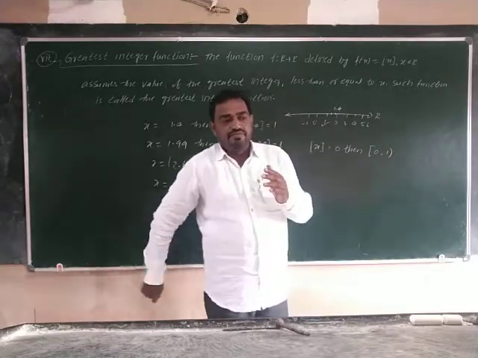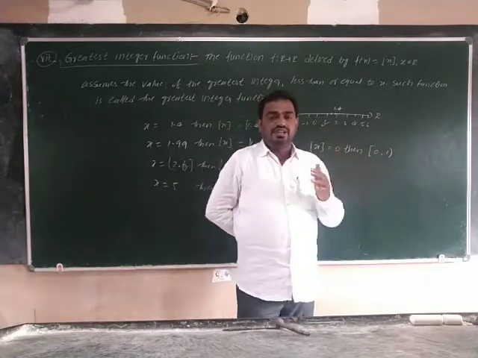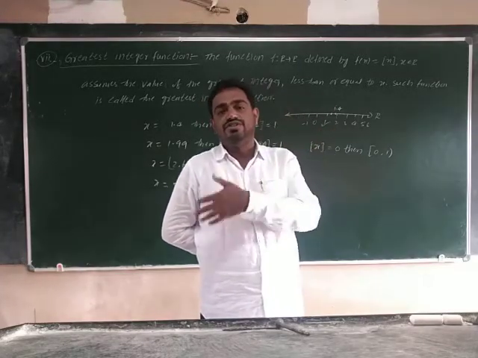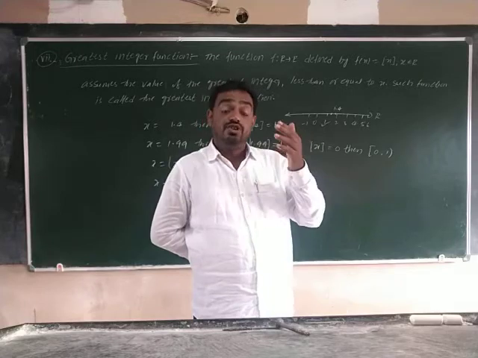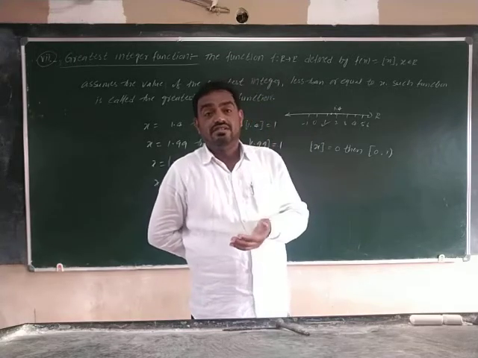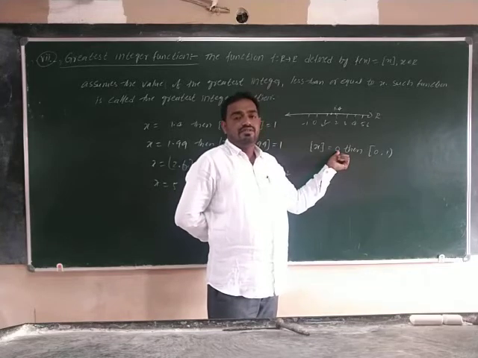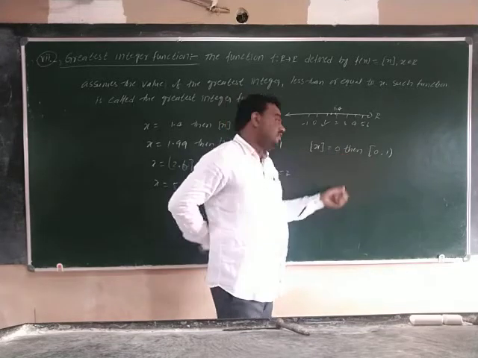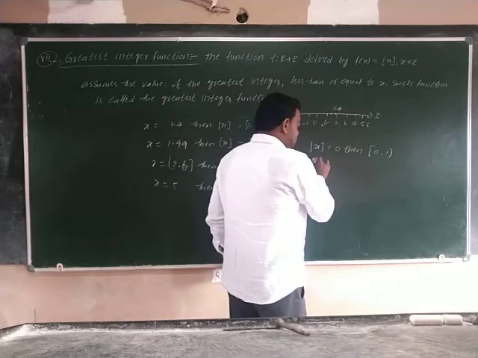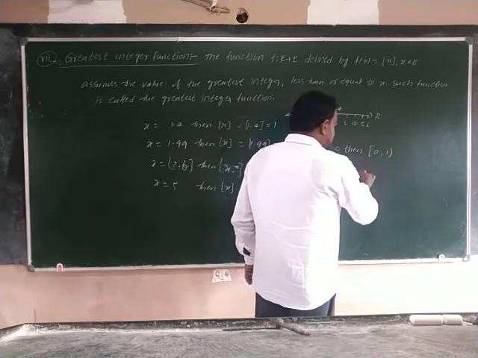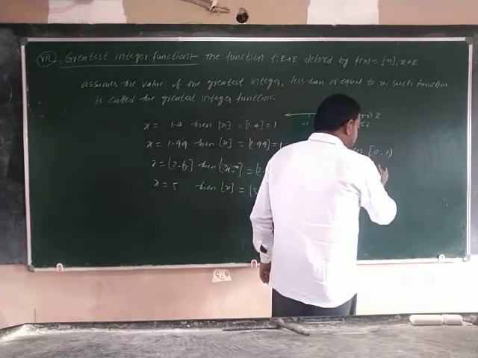For example, greatest integer of 0.1, 0.2, 0.3, 0.001, 0.4, up to 0.999, what are we getting? 0 only. Next, the greatest integer equal to 1. When are we getting this? 1 to 2.